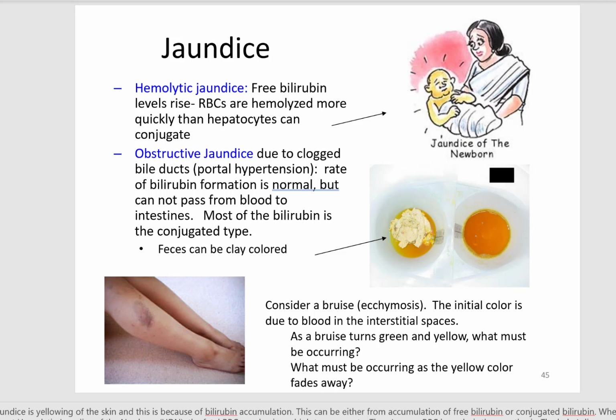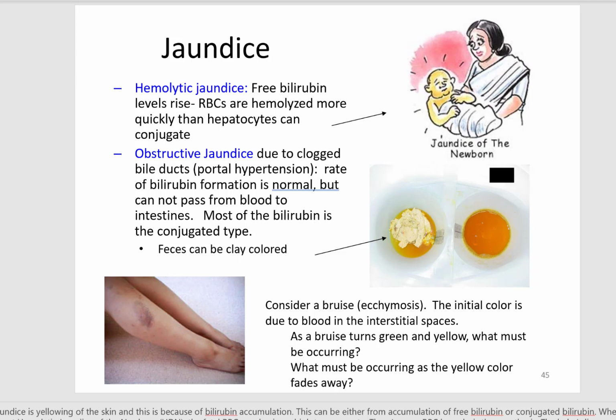So in obstructive jaundice from portal hypertension, we can see that the bilirubin might be the most abundant of the conjugated type, well, let me back up. If it's truly obstructive and it's from, let's say, a gallstone, then there's nothing wrong with the liver, is there?